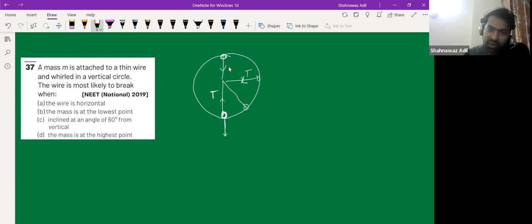So mg will always pull with the same force, but the tension is changing. So this tension will break the wire, and wherever the tension is maximum, that is the most likely point at which the wire will break. This is clear.